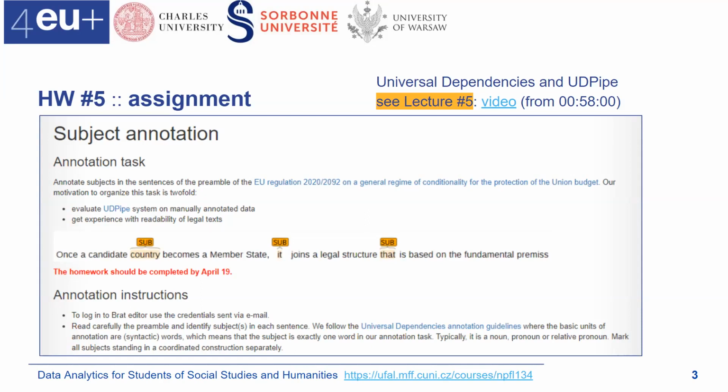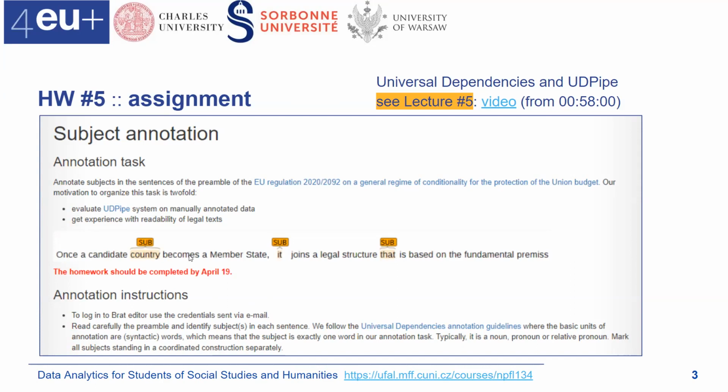And in this framework, a basic unit to process is a word, right? So following these annotation guidelines in our annotation task, you were supposed to label just one word. So a subject is exactly one word, and typically it is a noun.